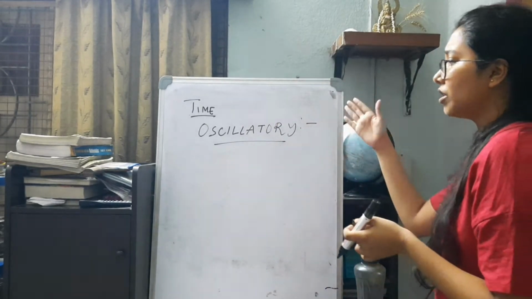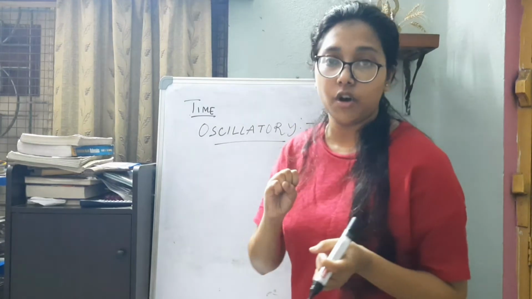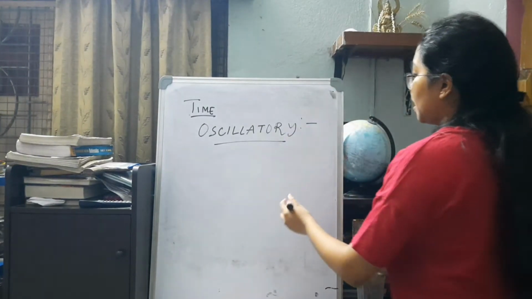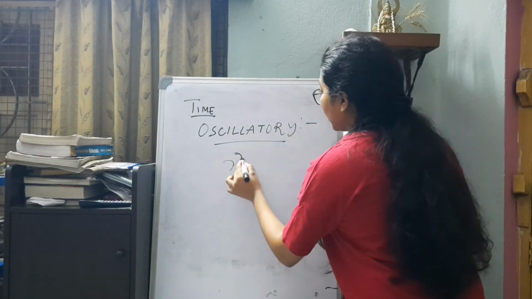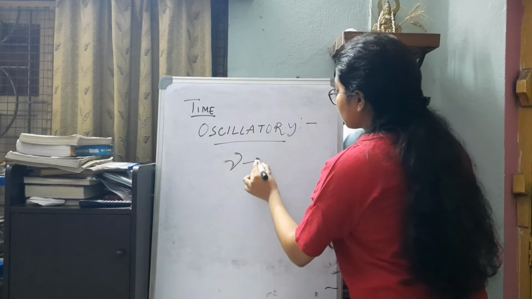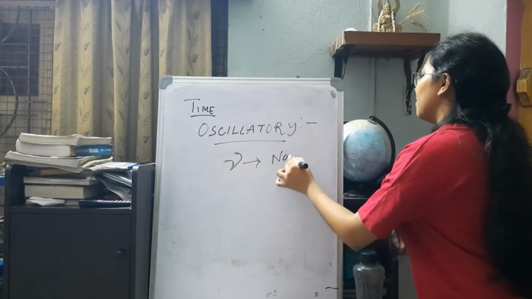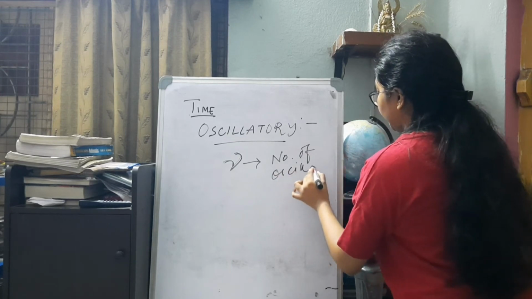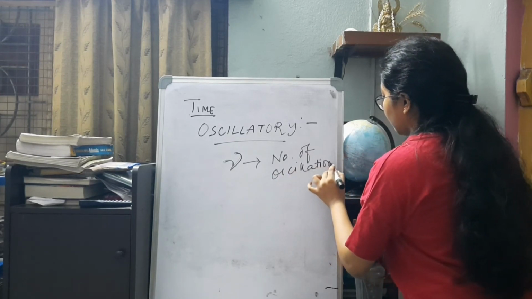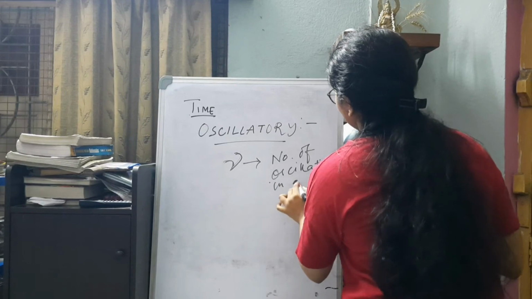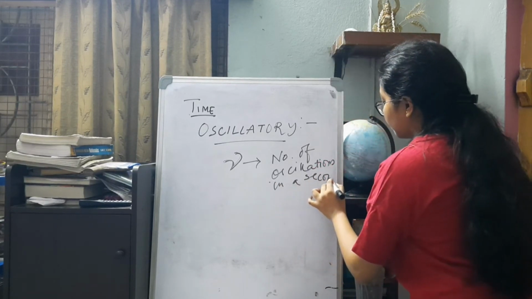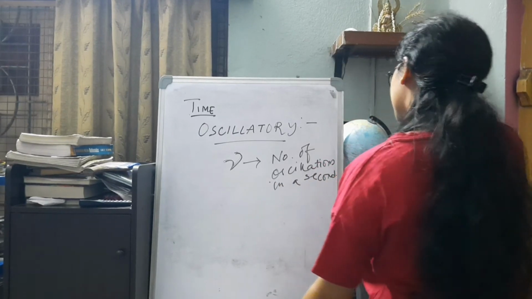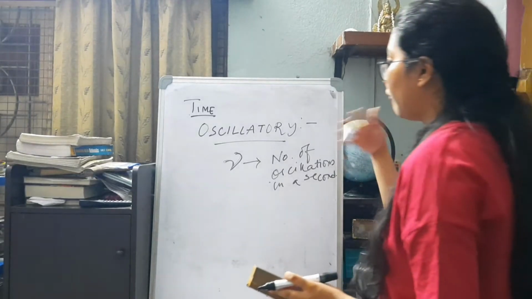Then we have one more thing, which is the frequency of the oscillation. Frequency is generally indicated using mu. Frequency is very simple: the number of oscillations in a second. It is how many oscillations are performed in a second.